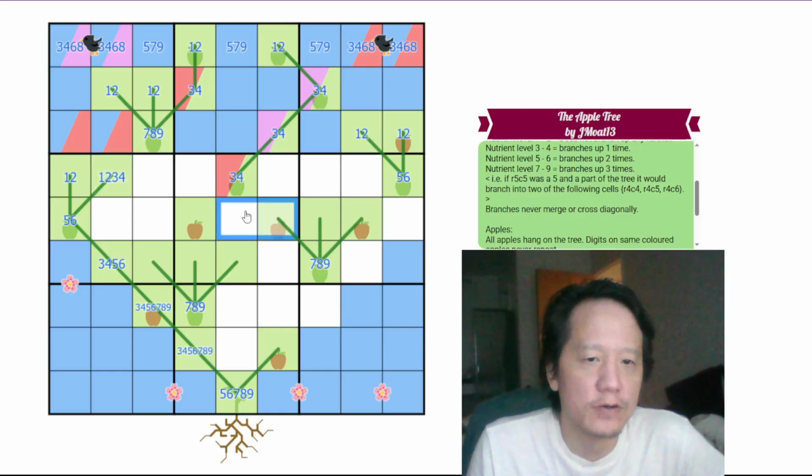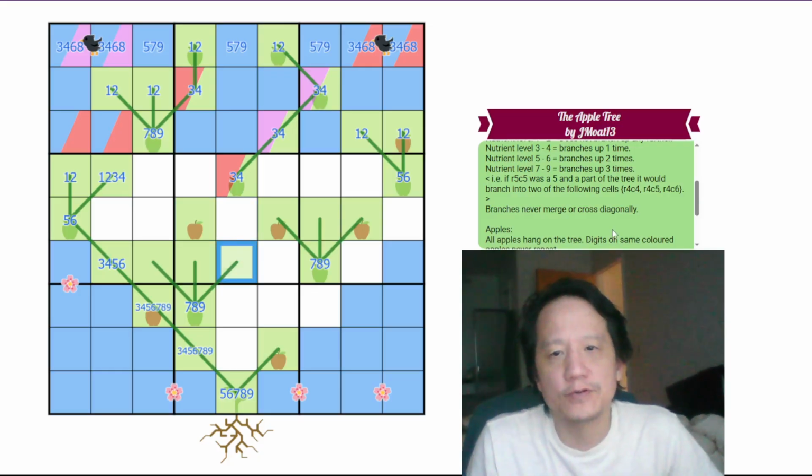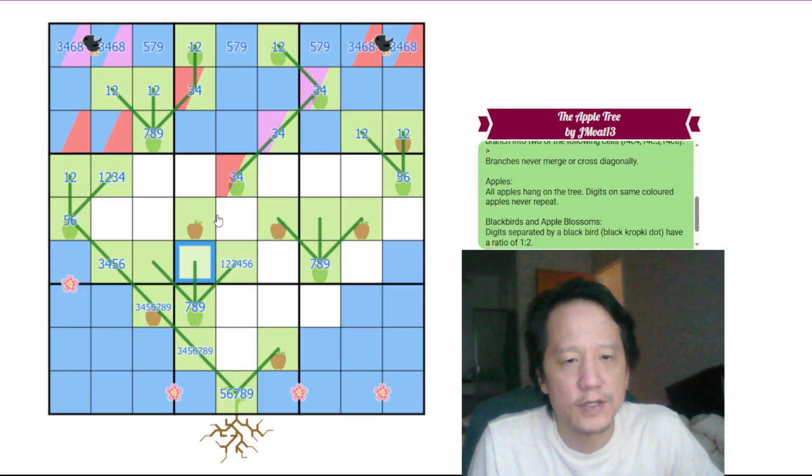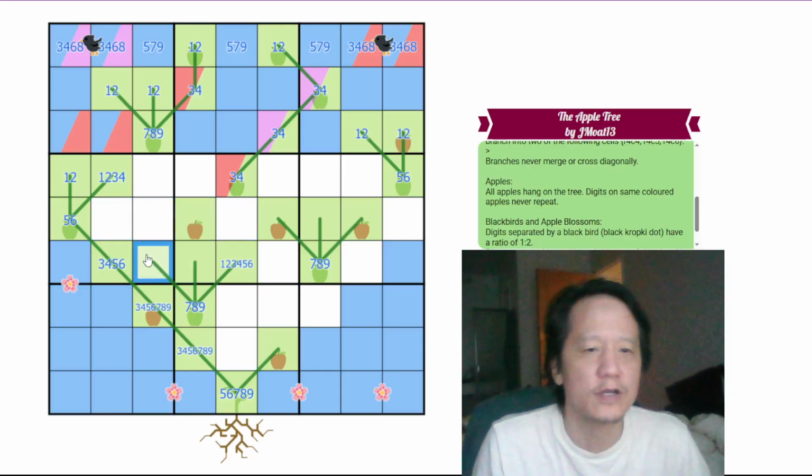This can only go up 2, right? Because it can only be these two at most. So this is 1 through 6. This could be 1, 2, 3, 4, 5, 6, 7, 8, 9. This could go 1 through 9 also, but we tried 3 here, right? And I think that doesn't work.